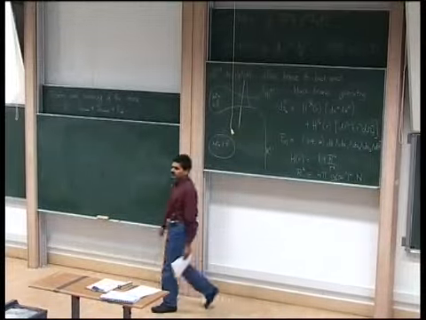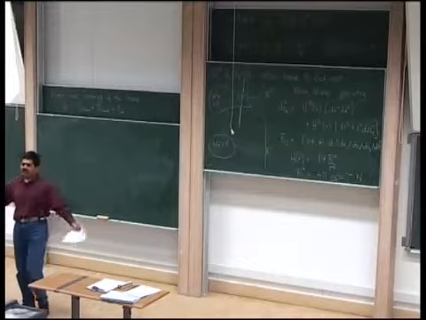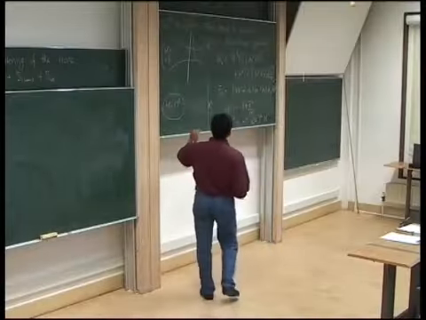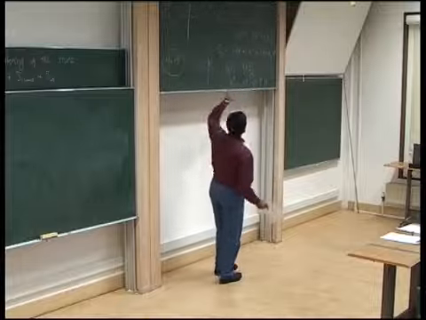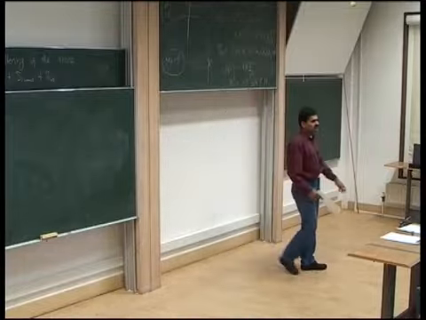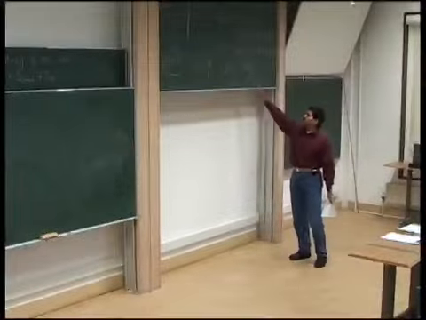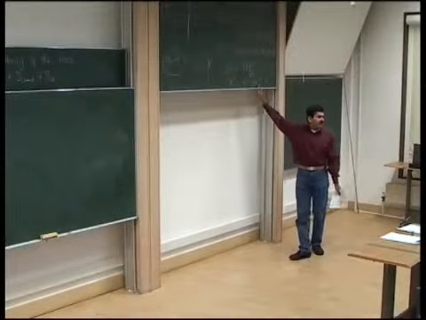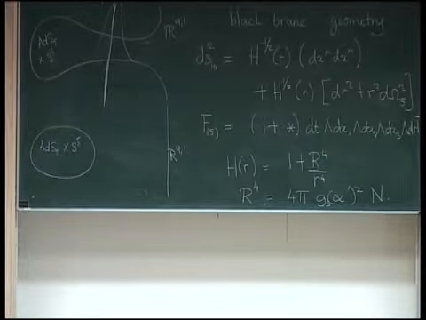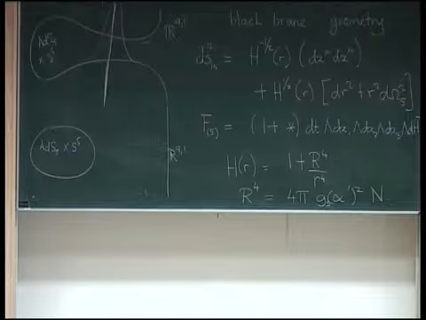It's a solution which carries N units of D3 brane charge because I put in N D3 branes, and the normalizations are as follows. The alpha prime is the string tension, which is Ls squared in my conventions, and Gs is the string coupling. I'll need that for later purposes, so let me record that for now.